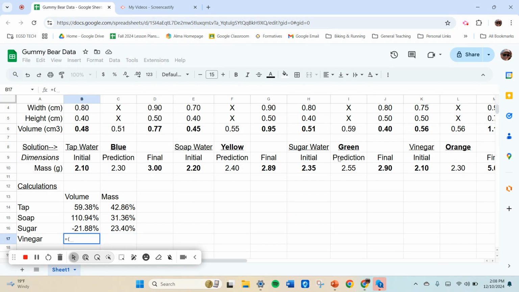Equals, open parentheses, final minus initial, close parentheses, divide by initial, hit return. Ooh, vinegar got really big. Equals, final minus initial, close parentheses, divide by initial. I can tell I'm missing a parenthesis there. I'll put that in there. Boom.